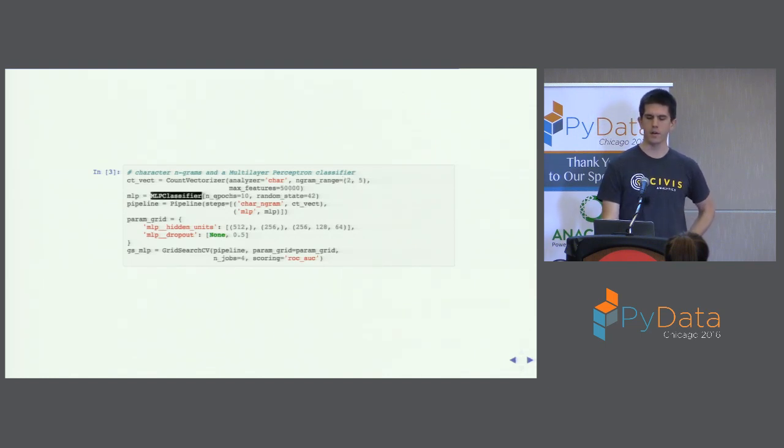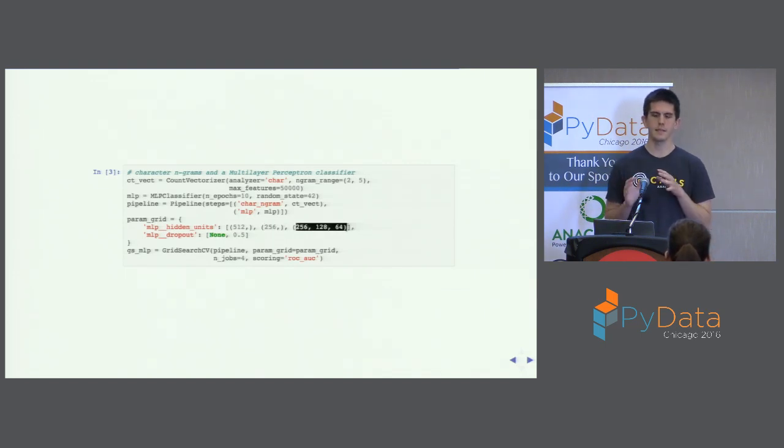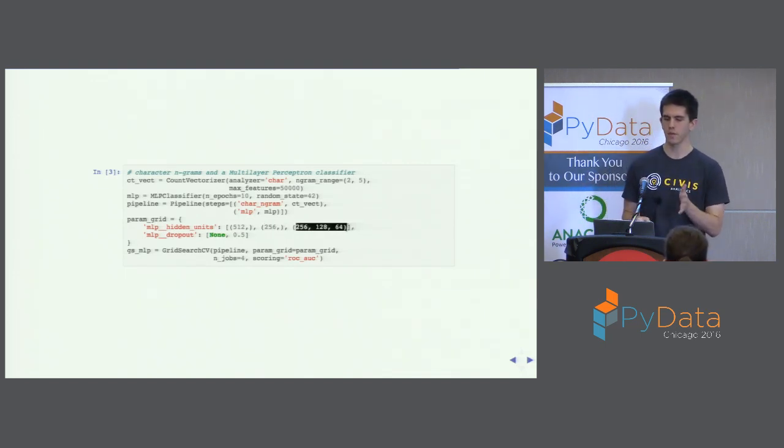Then we will instantiate our multi-layer perceptron classifier and throw that into a scikit-learn pipeline. In order to grid search, we'll define a parameter grid, a very simple one. We're going to explore a network with one hidden layer of 512 units, another network with one hidden layer of 256 units, and another network which is a little bit deeper, with 3 hidden layers.